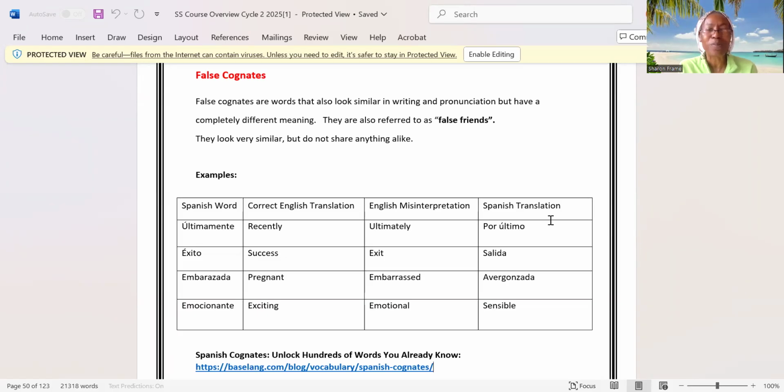word, éxito. When I first came to Ecuador, I was working with the university, not on campus, but right off campus. There's another building that is also owned by the university, and right next to that was a school.